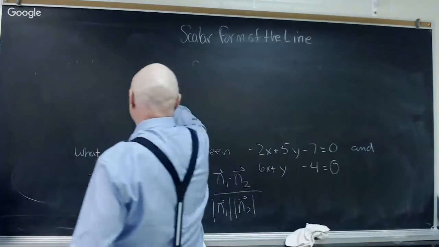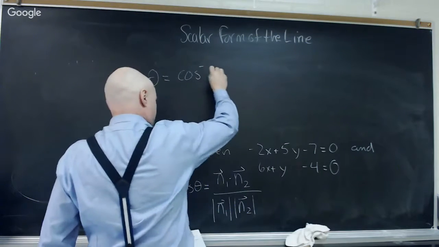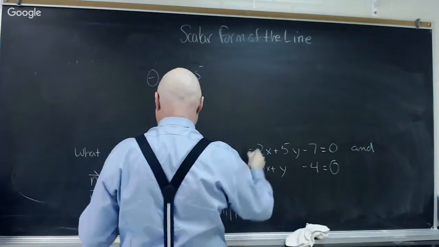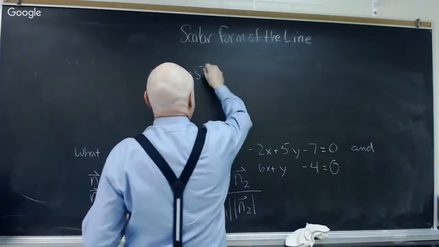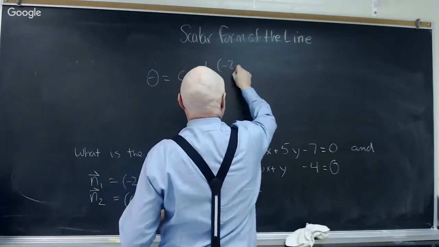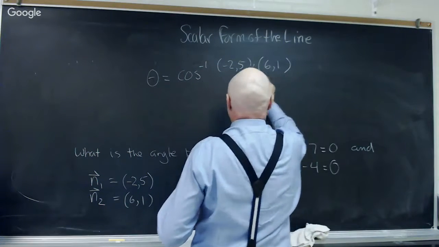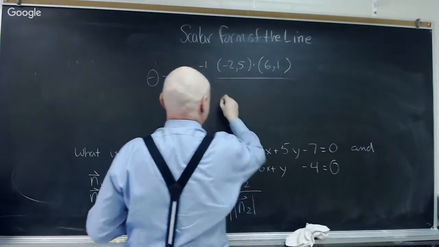So theta is equal to arc cos. Oh no, I have to figure out my magnitudes. -2, 5 dot 6, 1, because somebody borrowed my calculator.